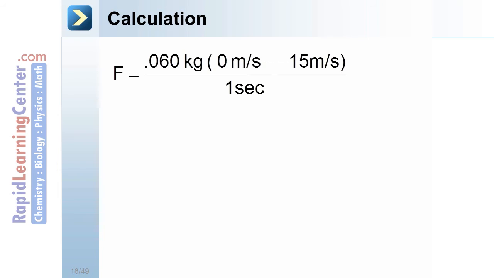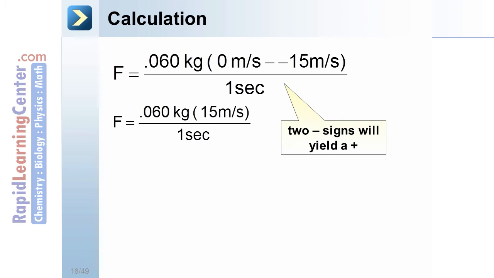With our previous formula, substitute the known values for mass, time, final velocity, which is 0, and our initial velocity, which we must keep as negative 15. Calculating with these values gives us a force of 0.9 kilogram meter per second squared. This is 0.9 newtons.